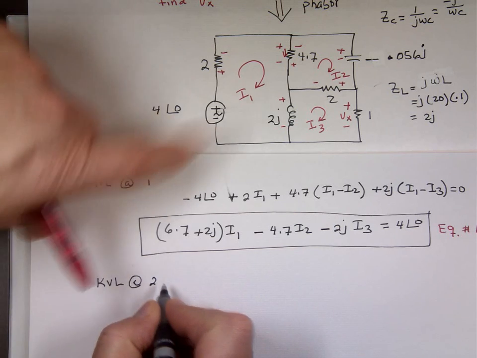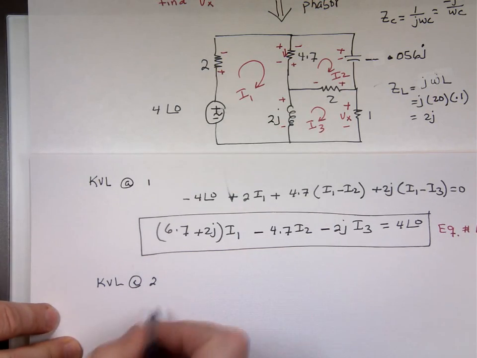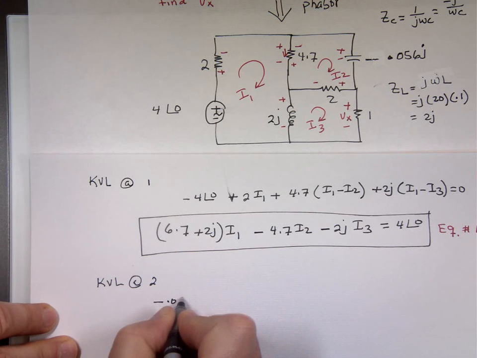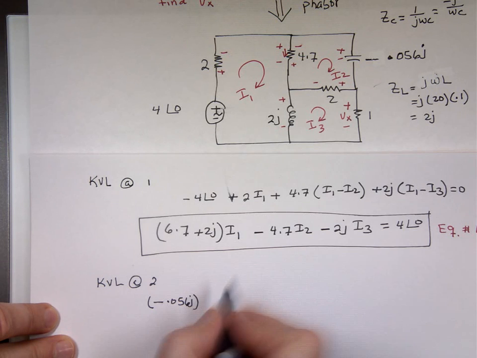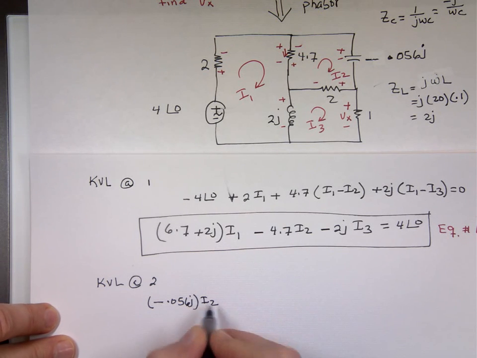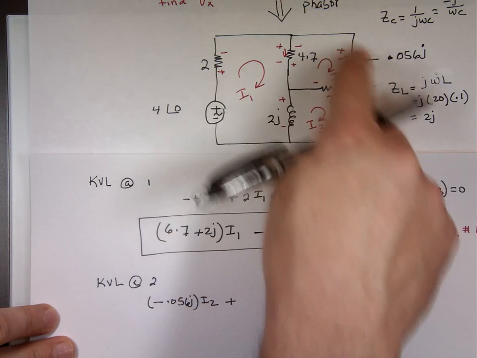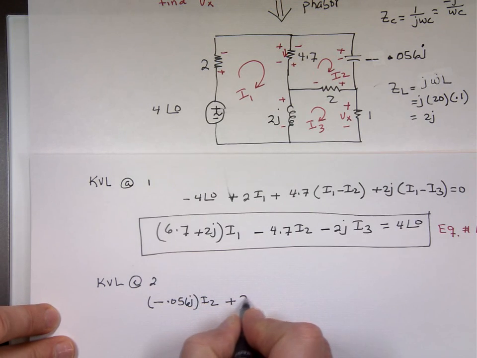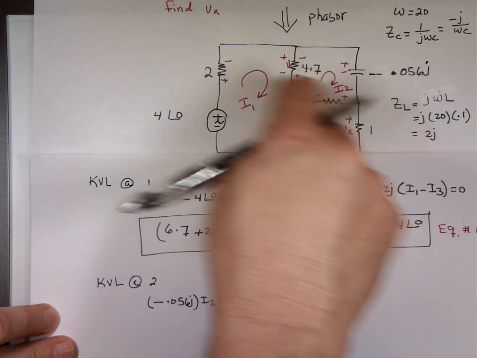That'll be a plus. The value of z times I. What is z? Negative 0.056j times what? I sub 2. Plus, continue here. This is 2 here. I'm going to the right to left. What's the current right to left?